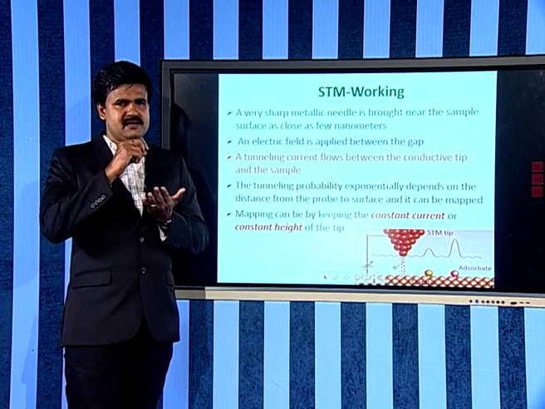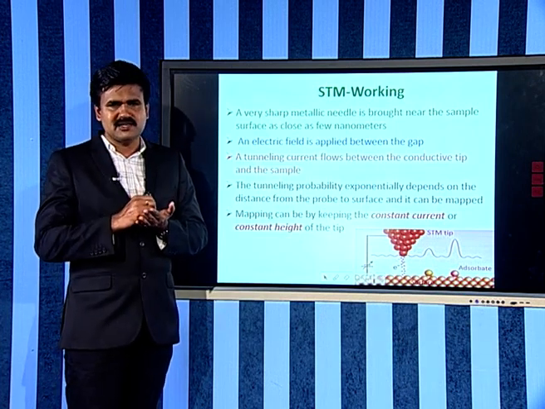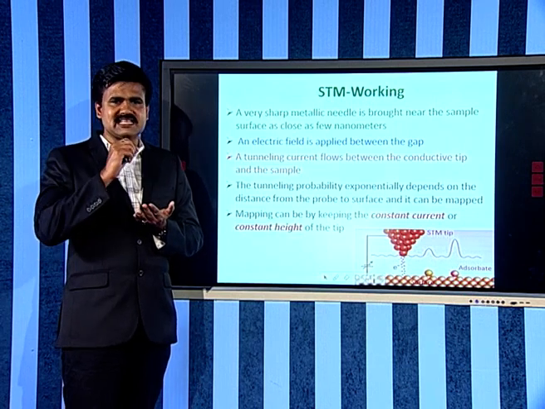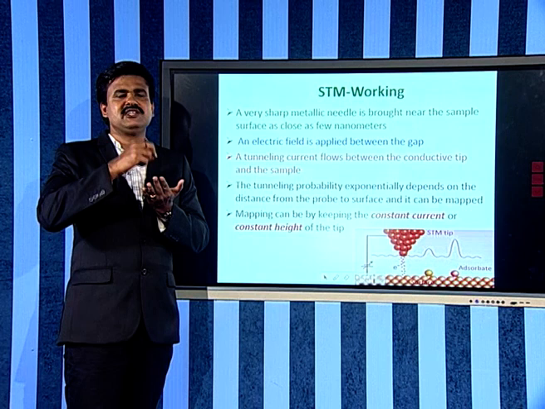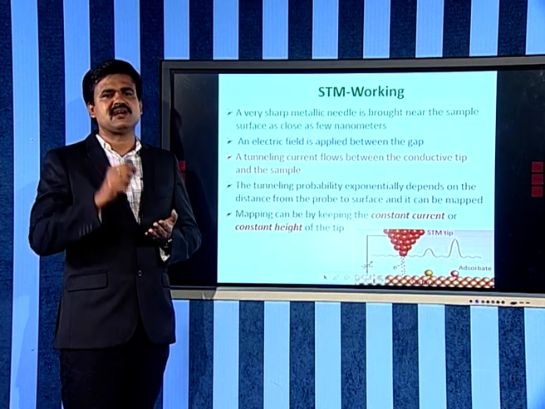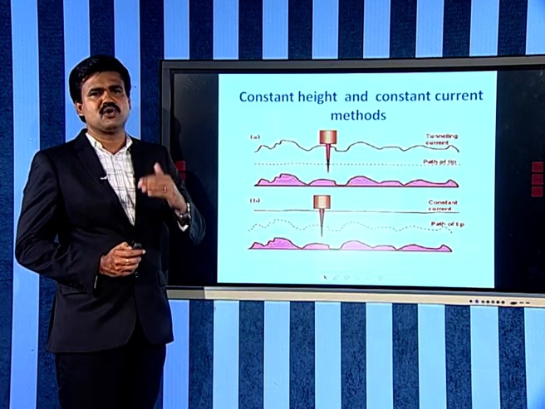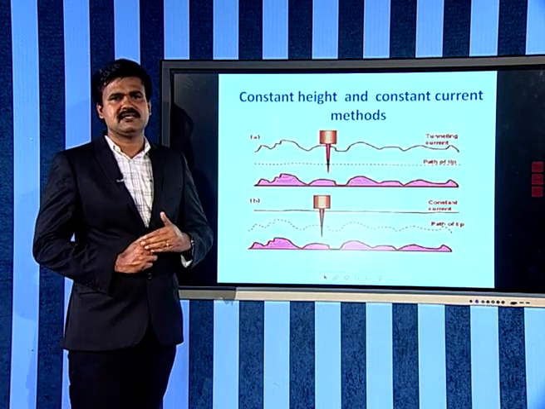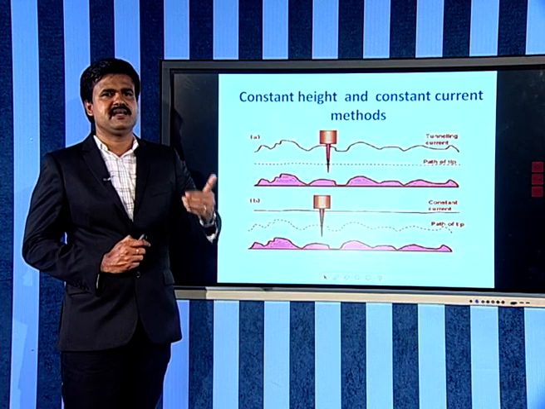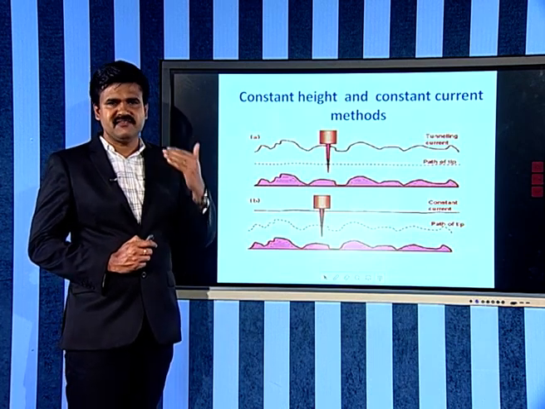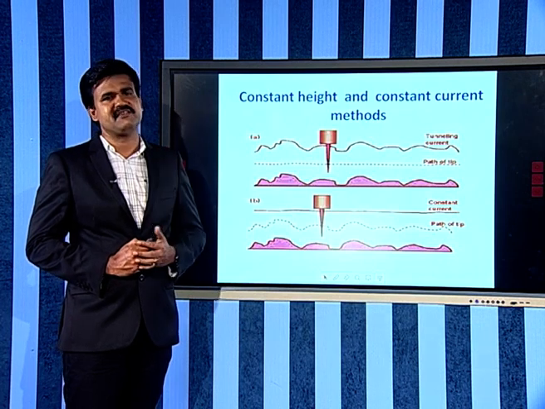That is, in order to represent the output, we can keep either one constant, the current or the height of the tip, since these two are the variables in STM analysis. Constant height and constant current methods. Just now I mentioned that there are two procedures where we can fix one of the variables.